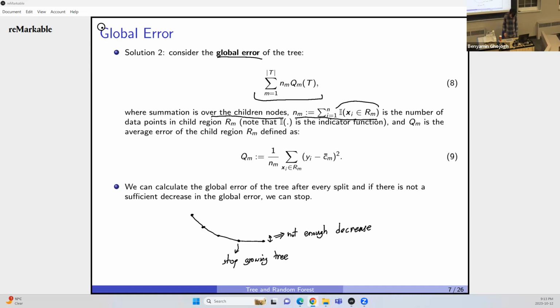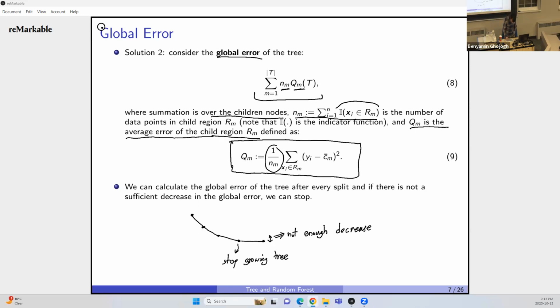And Q_m, we talked about it. What is Q_m? Q_m is the average error of the child region R_m. Do you remember? I told you every region has some mean squared error of the labels from the mean label in that region, right? Do you remember that?